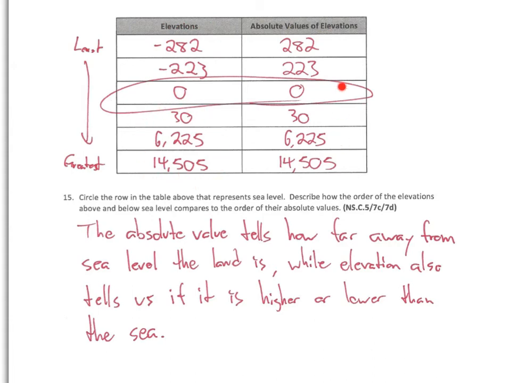But when you just look at the absolute values, it's telling you how far away that land is from the sea. So if I look at the elevation, I can tell that this is 282 feet below sea level. But if I'm just thinking about the number 282, it's telling me, well, how far away is it? It's 282 feet. So we're just measuring how far away it is when we look at the absolute value.